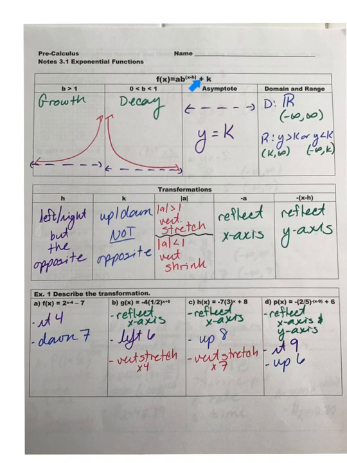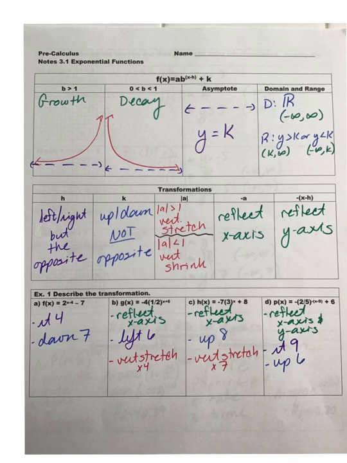This k ends up moving up and down, so it controls your asymptote. So these graphs, notice they have an asymptote. We approach the asymptote, but we do not cross the asymptote. So that k controls where your asymptote is. Your asymptote is the horizontal line y equals k. What's neat about these functions is you can plug in any number you want, positive, negative, 0, fraction, decimal, it doesn't matter.